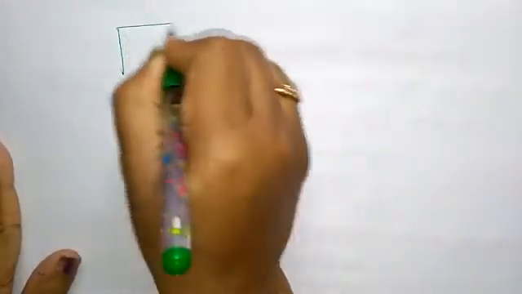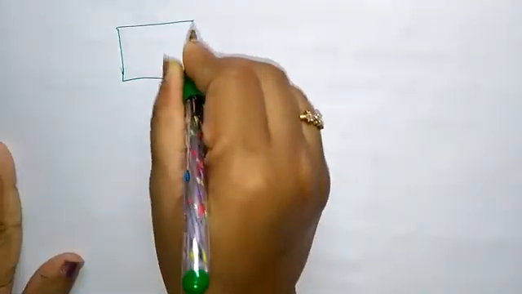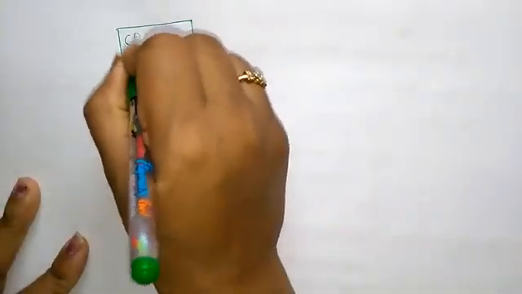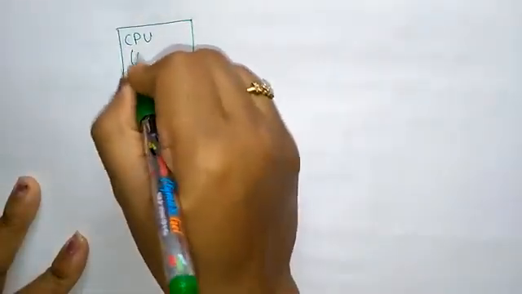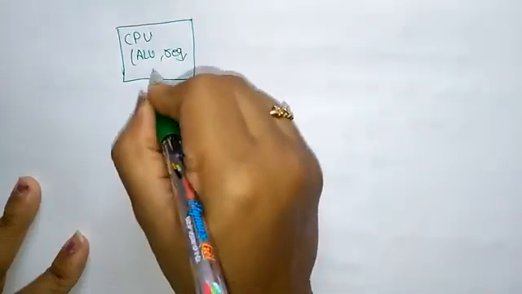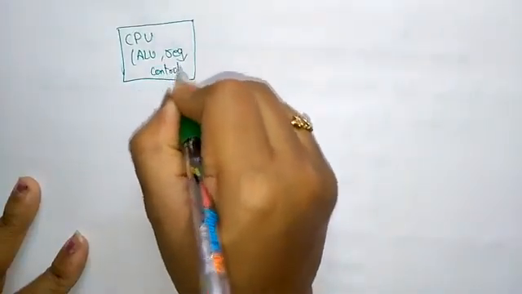So let me explain this system bus with a diagram. Here I said the system bus is used to connect the major components in the computer system. What are the major components? The CPU, which consists of the ALU (arithmetic logic unit), registers and control unit.